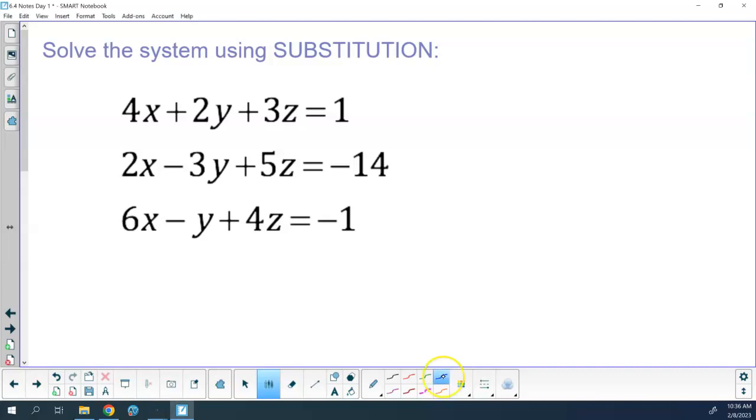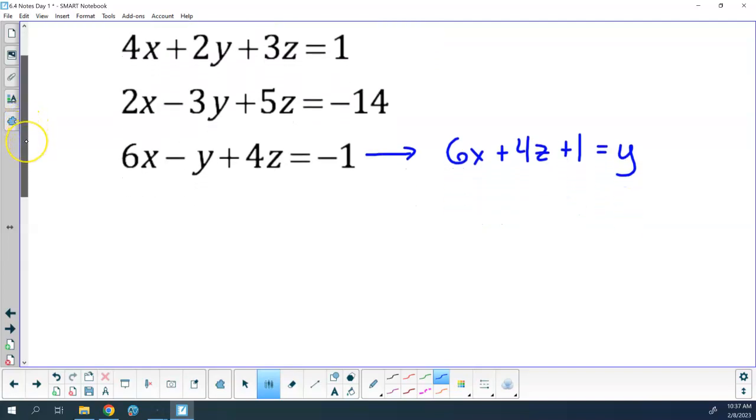So if I'm going to solve this equation for y, I would get 6x plus 4z plus 1 equals y. Yes? Okay? Now that has to go into the top equation and the middle equation.